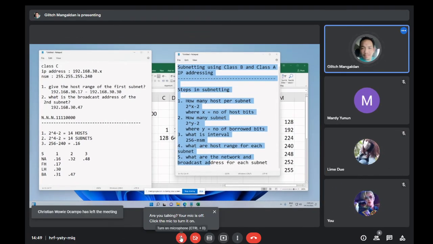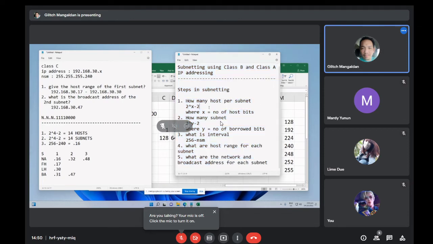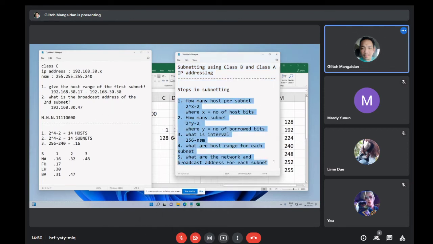Ngayon ang practice. Kailangan matutunan mo to ng walang notes.